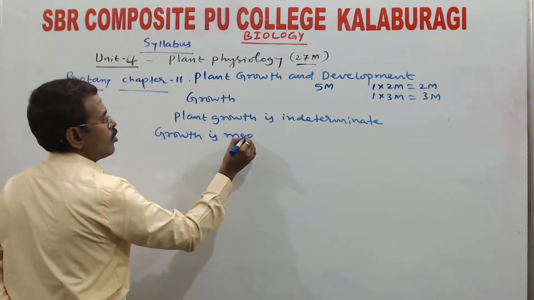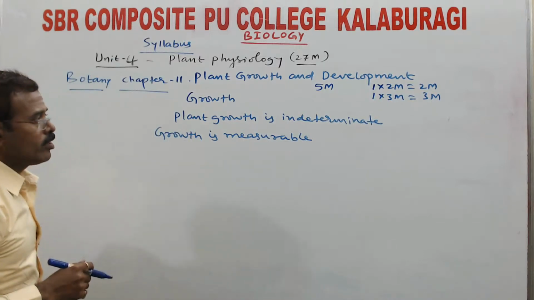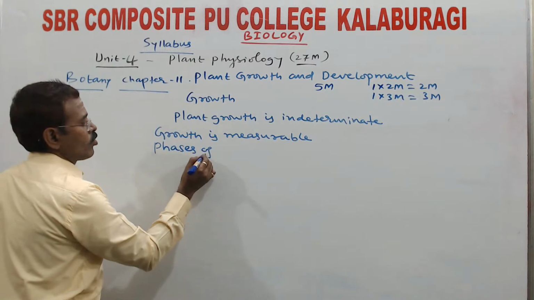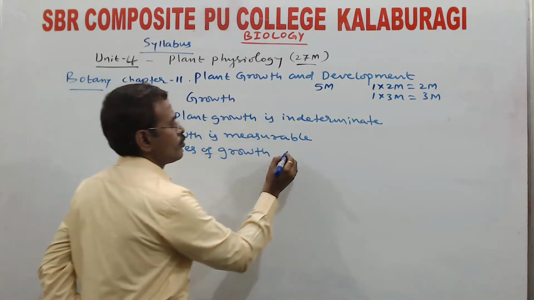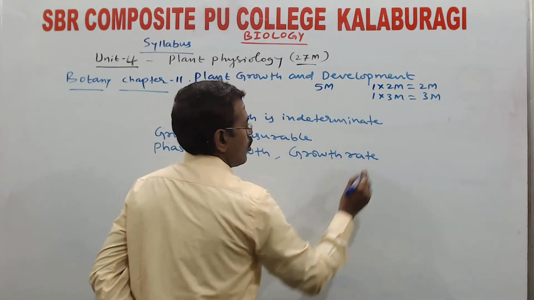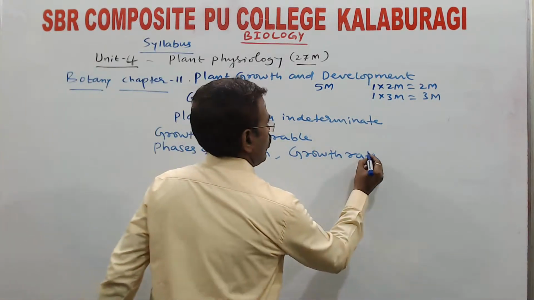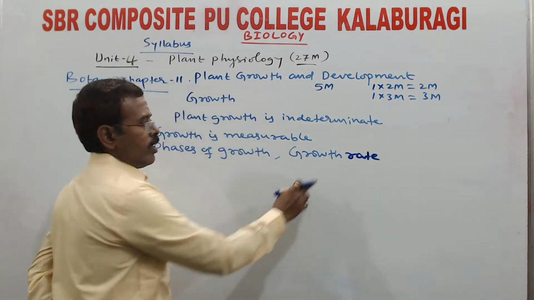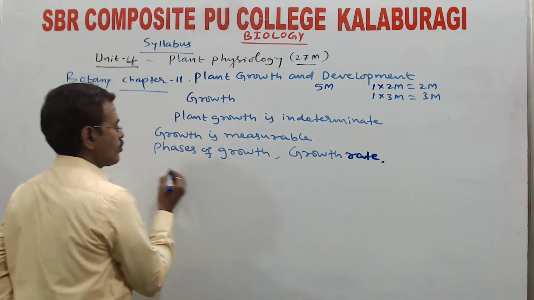Growth is measurable in different parameters. Phases of growth. Growth rate. Here in this, arithmetic growth rate and geometric growth rate we have.